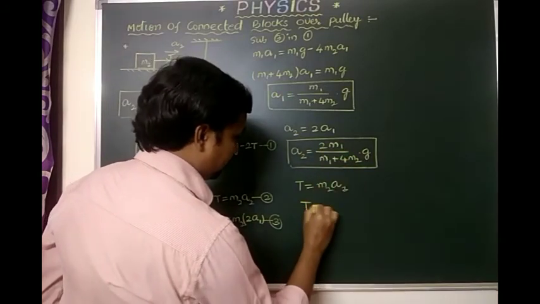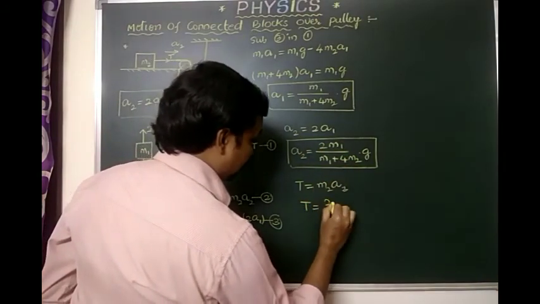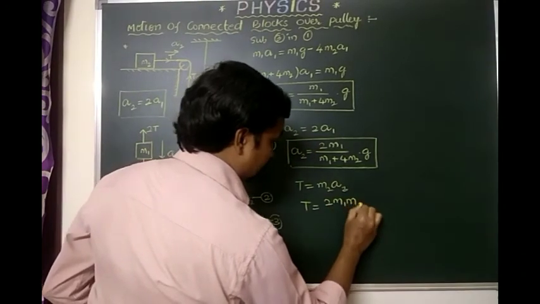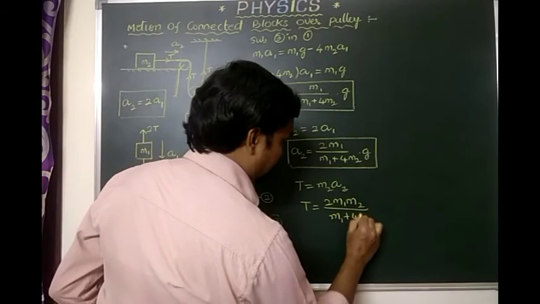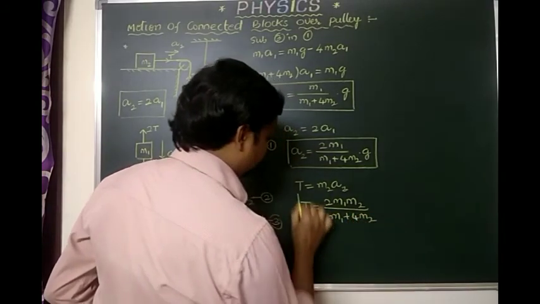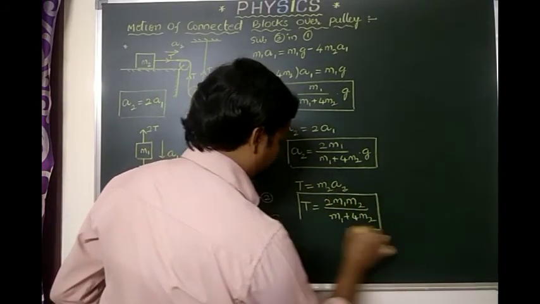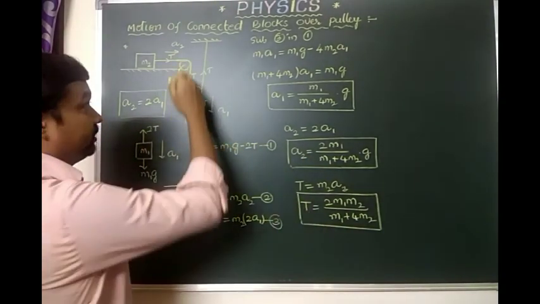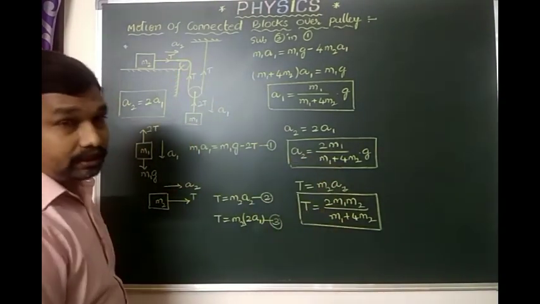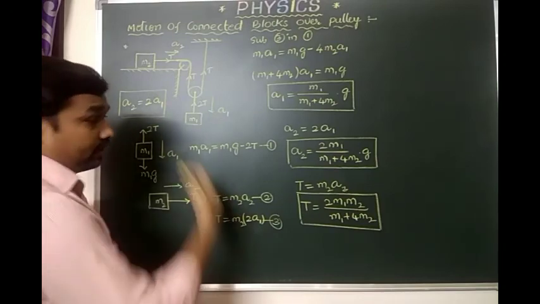So tension T equals 2 M1 M2 by M1 plus 4 M2. This is the tension in the first string. If we double it, we get the second string tension.